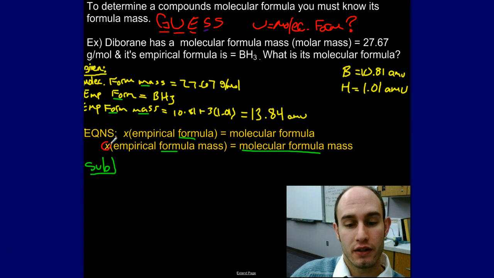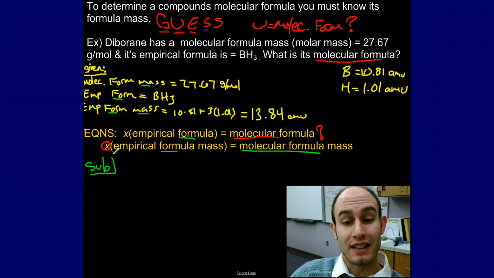I don't know this, and I'm looking for the molecular formula. That's what the problem is asking me to find. So basically, I can solve for x, use it in this equation, I know this value, and I can calculate that value. I just mapped out in my head my plan of attack.